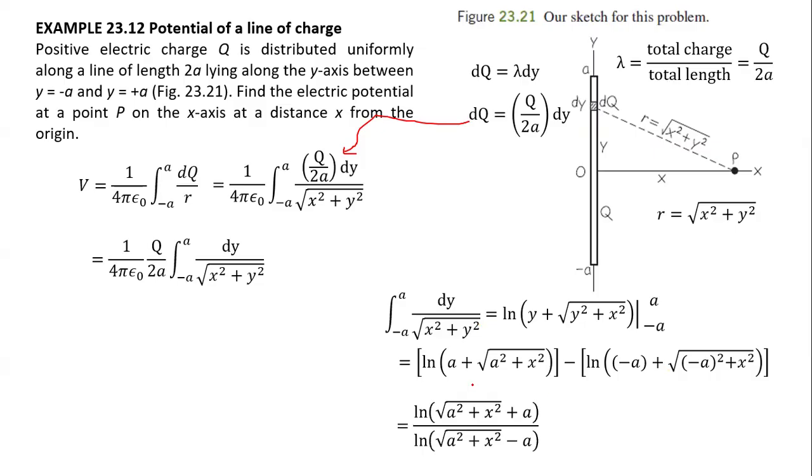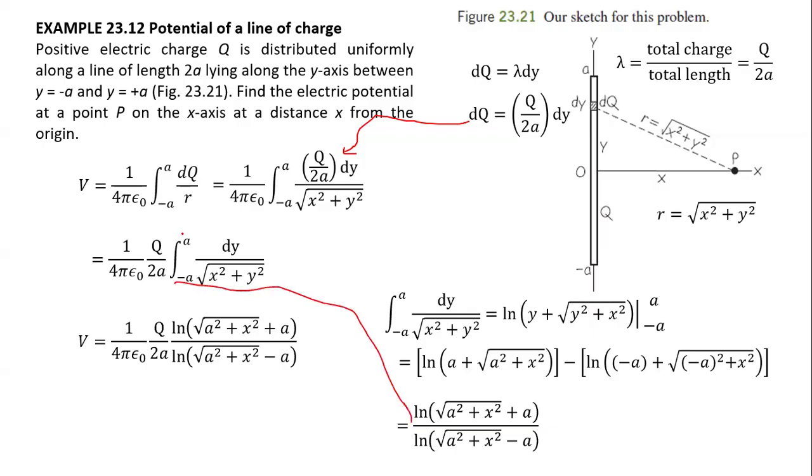So you can put this in this formula: ln of the square root of a squared plus x squared plus a, and ln of the square root of a squared plus x squared minus a. If you substitute here from this term, we now have 1 over 4 pi epsilon naught, q over 2a, times this term here, ln of this one.